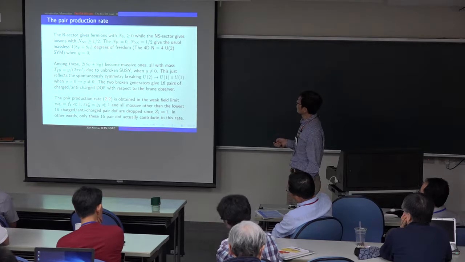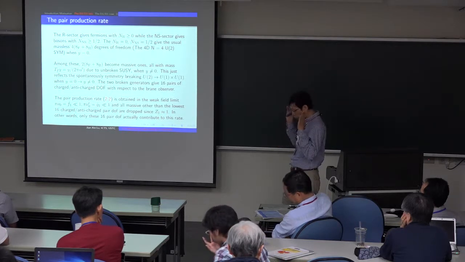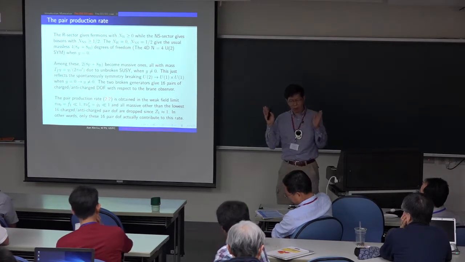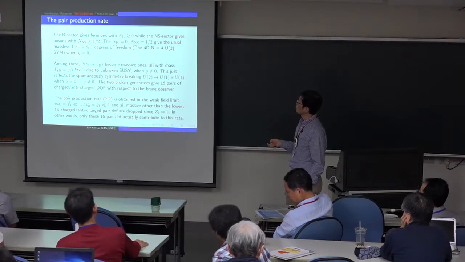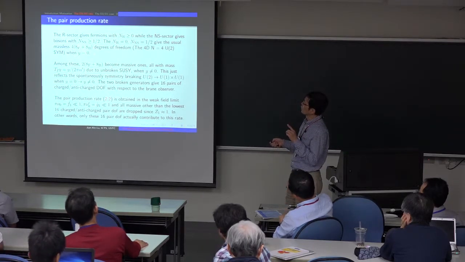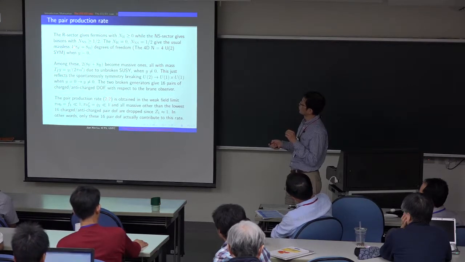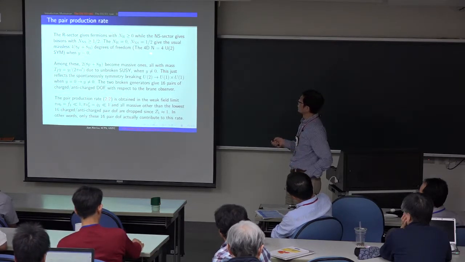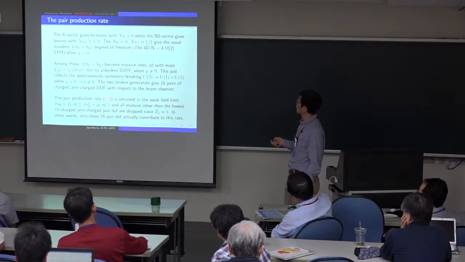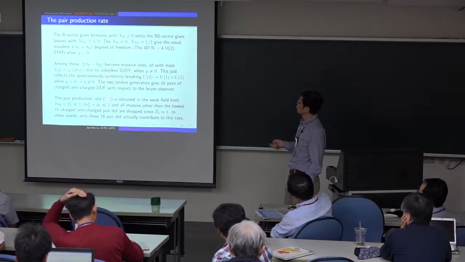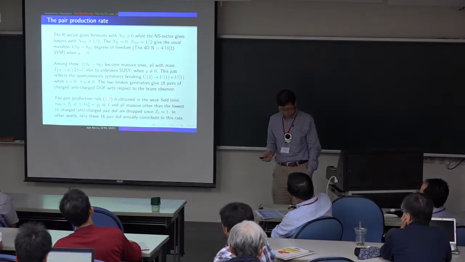If we put two D3-branes on top of each other, the total number of massless degrees of freedom should be 4 times this. From the four D3-brane point of view, that gives N equals 4 supersymmetric Yang-Mills.